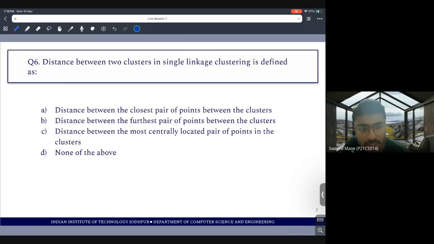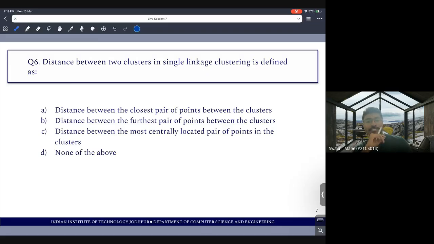The distance between two clusters in single linkage clustering is defined as the distance between the closest pair of points.